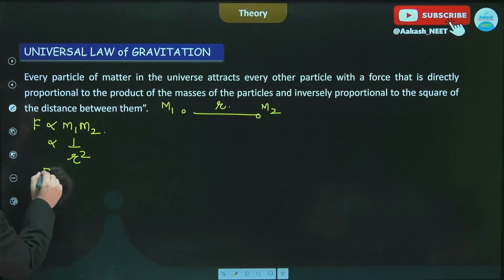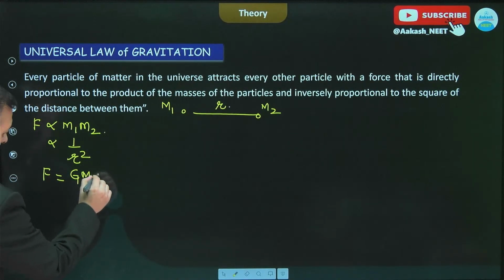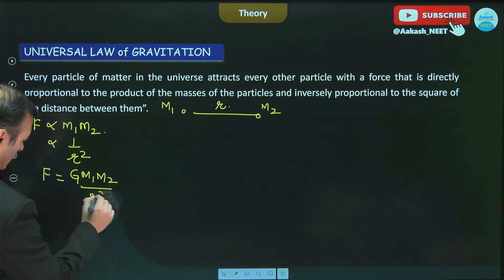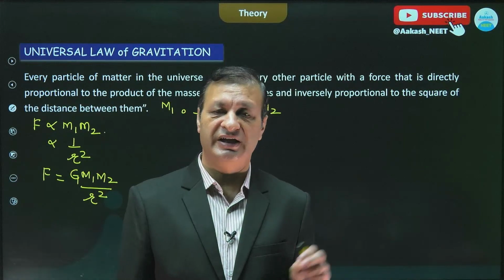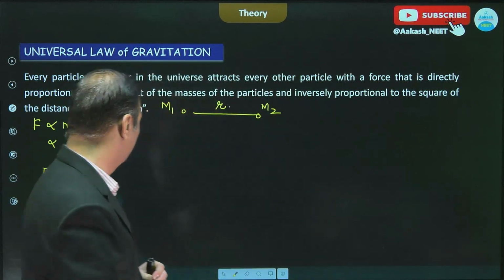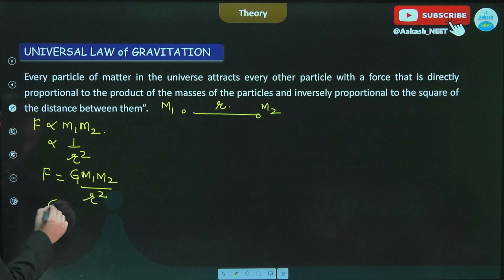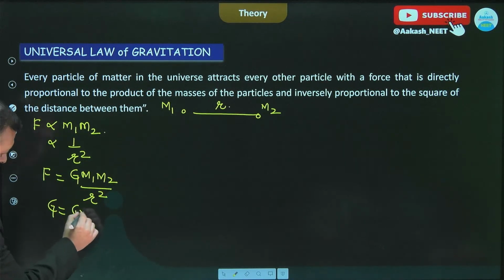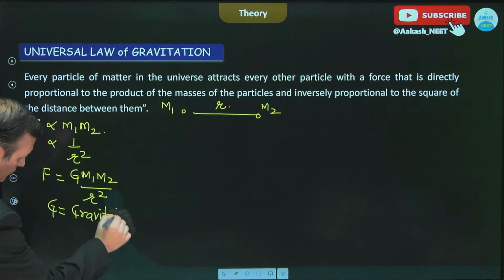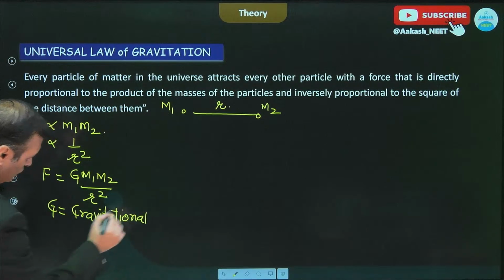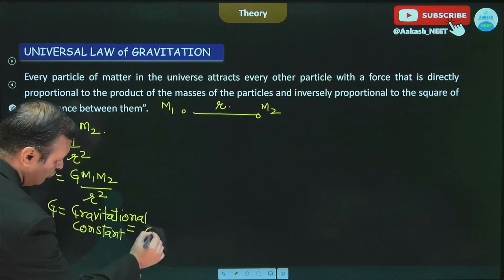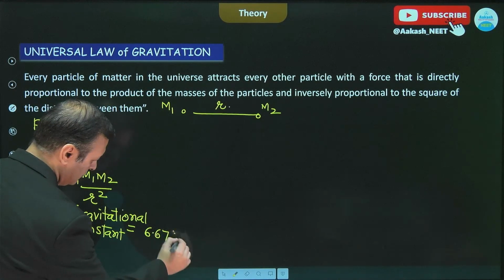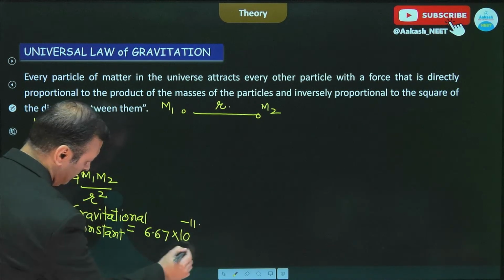When you replace the proportionality sign with capital G, your force becomes F is equal to G m1 m2 by r square, where this capital G is the gravitational constant, and its value is 6.67 into 10 raised to the power minus 11.